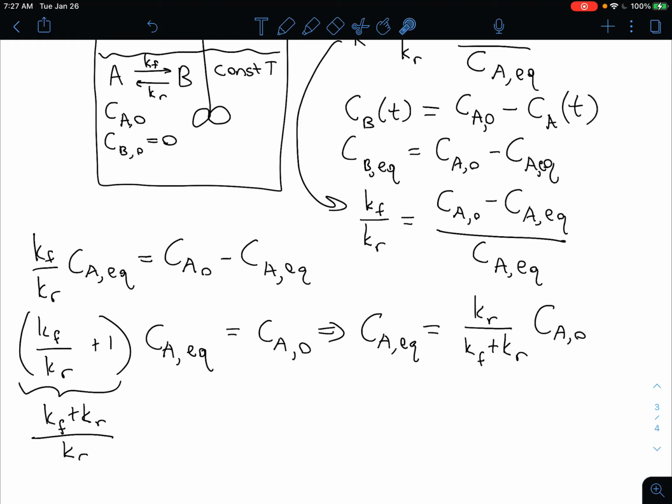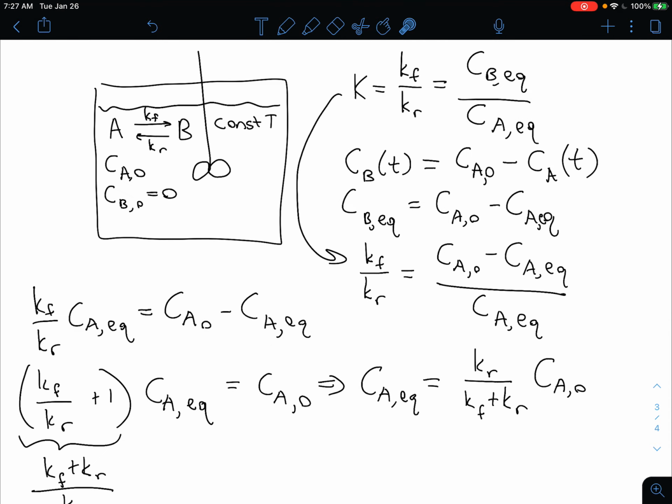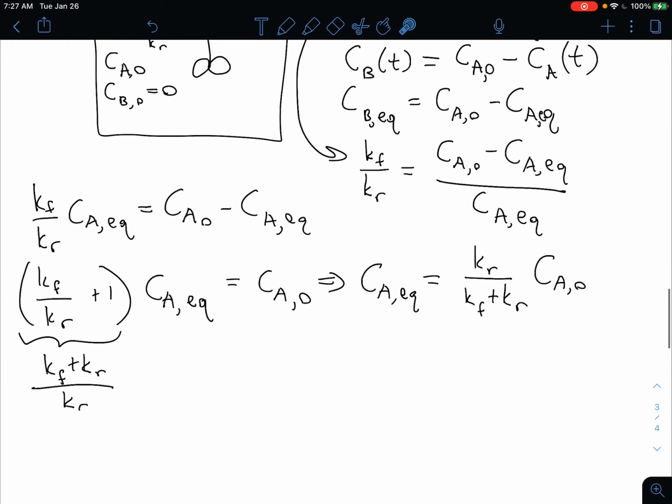So hopefully this is intuitive from what you learned in general chemistry, and it gives us a prediction just based on equilibrium considerations what we ought to get if we let the system evolve long enough so that it settles to a steady state. Now, in general, steady state is not necessarily the same thing as equilibrium.